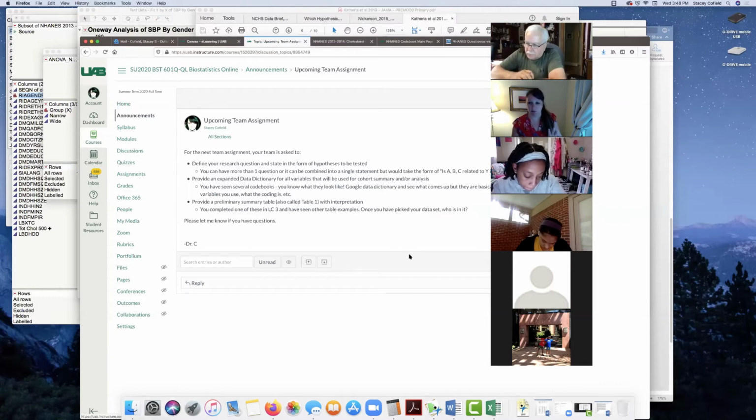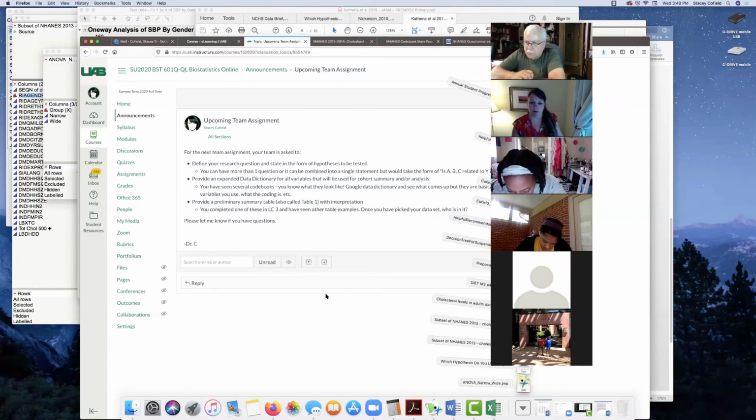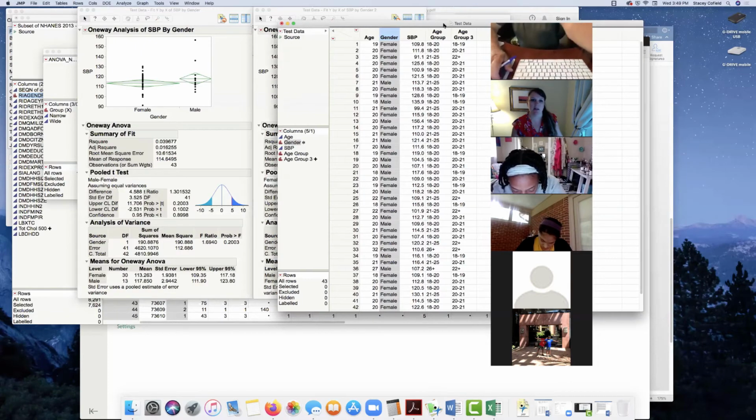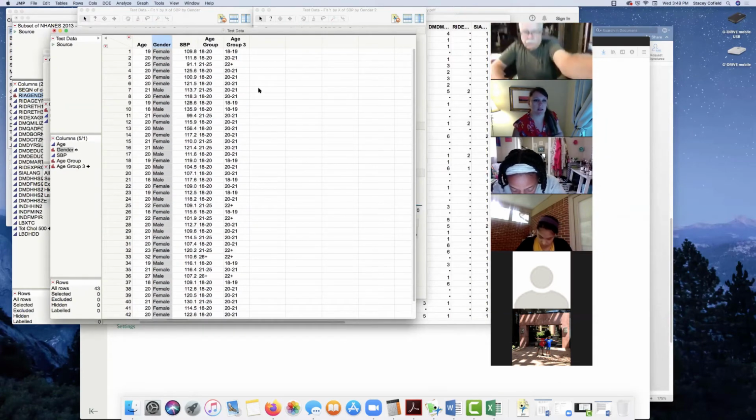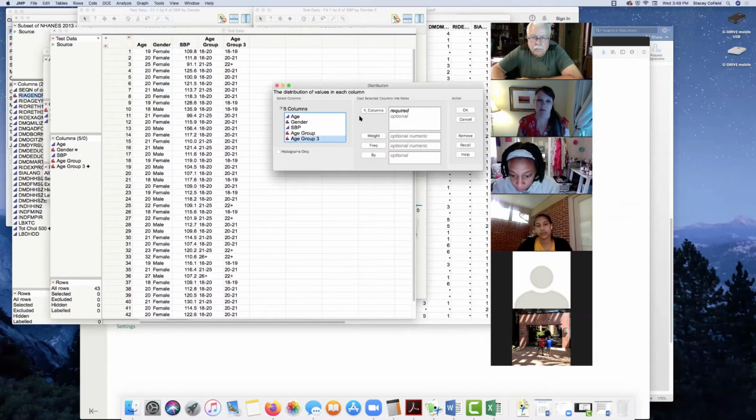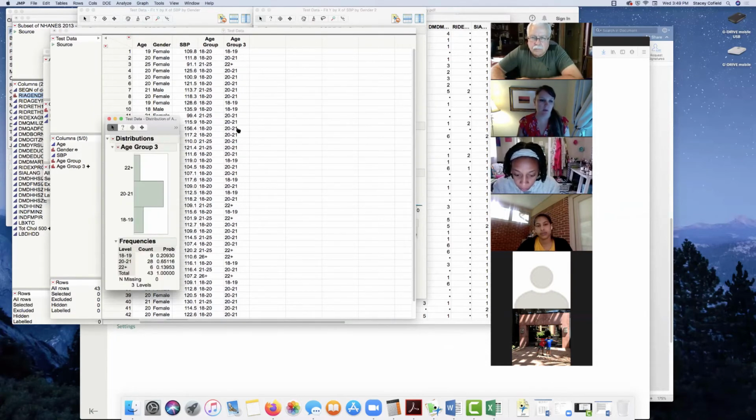So for example, let me go into my test data. Let's say this was your data, and you only wanted to use people that were 20 or younger. Rather than having to filter the data every time, I could look at my distribution, and I thankfully have my age groups set up correctly.